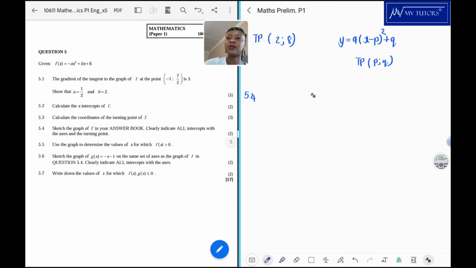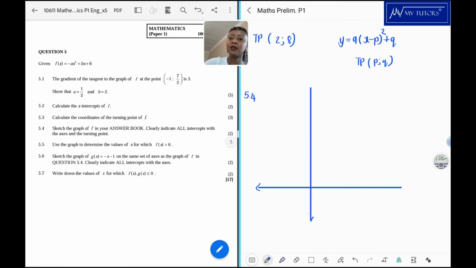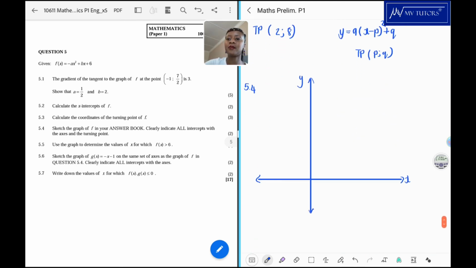So I'm just going to remind myself of the intercepts. Okay, so we calculated x minus 2 and 6. So that's minus 2. Okay, and then our turning point was at 2.